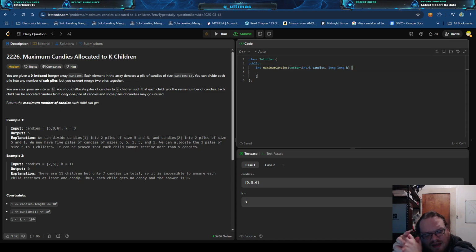Okay, but what if k was equal to 4? You can't merge piles, which means whatever the excess is, the best you can do is 4. So if I had 4, the answer would be 4, right?